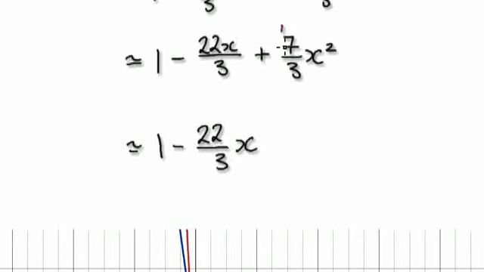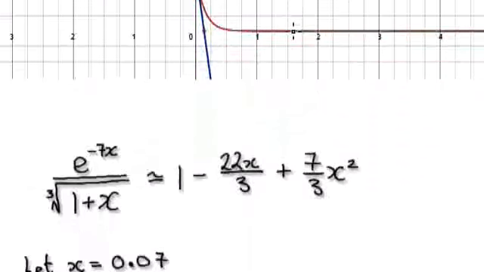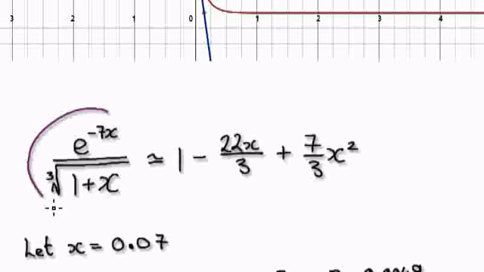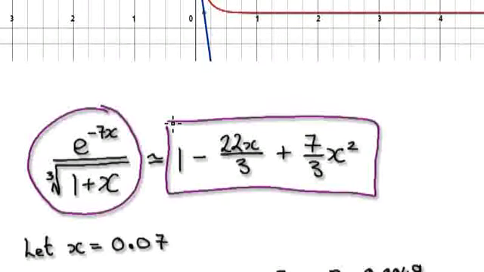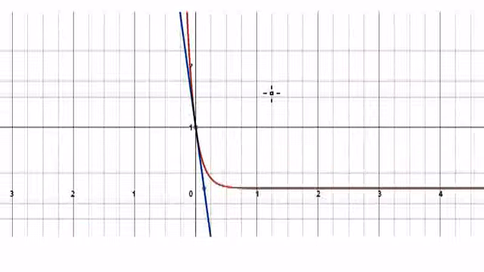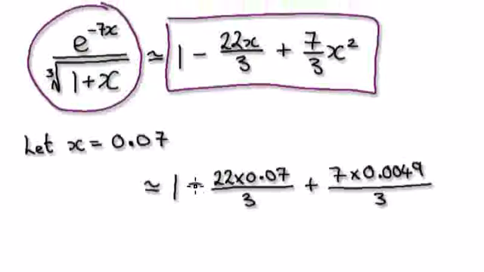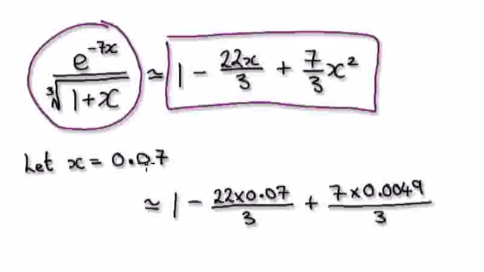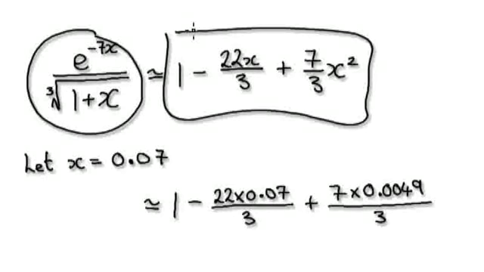But the point here is that we can discard this, because of this. At the moment, we are trying to evaluate this, and then this approximates to this. Now, our approximation is only valid for x being near to 0. If you let x equal, let's say, a random point, 0.07, then this thing here approximates to this thing here.